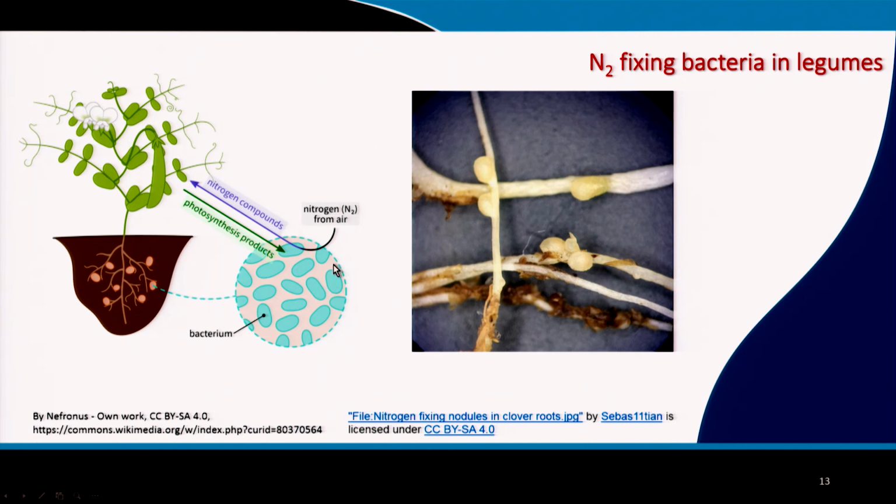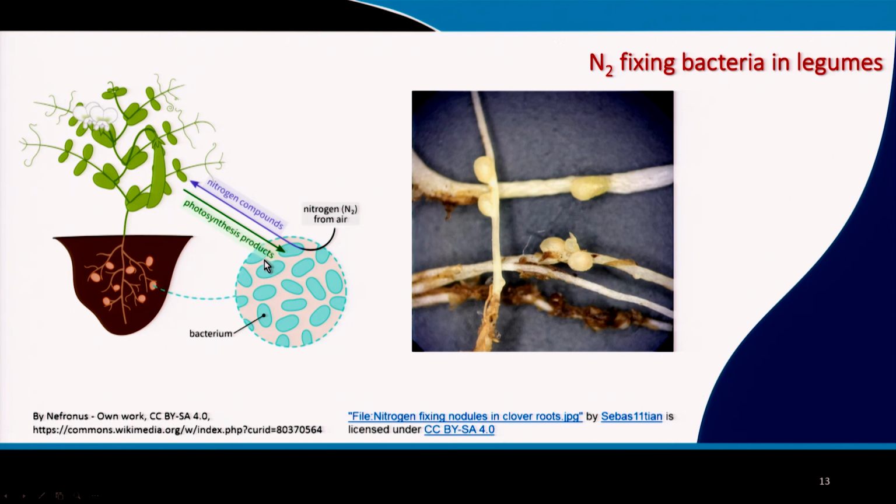So these are the nitrogen fixing bacteria. They are present in these nodules, and that's where the nitrogen from the atmosphere is fixed into bioavailable forms and made available for plant growth, and that's how these plants are able to survive even in nitrogen deficient soil.